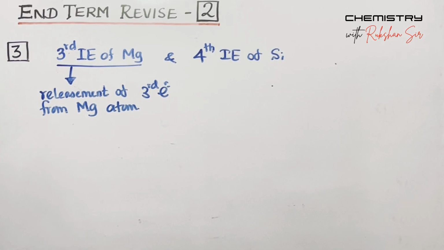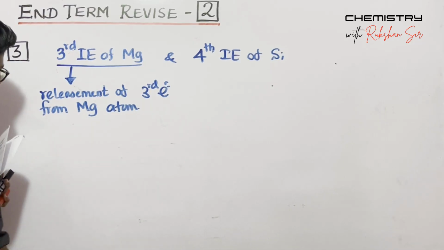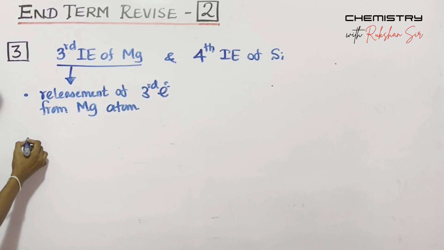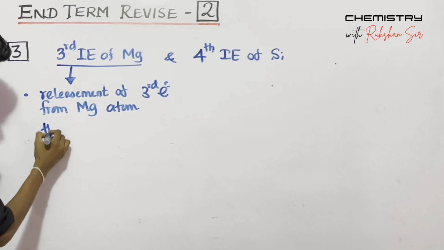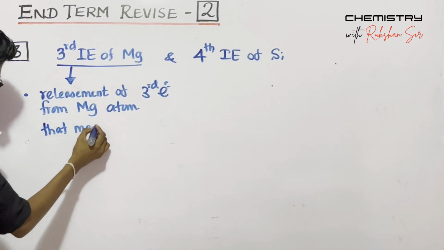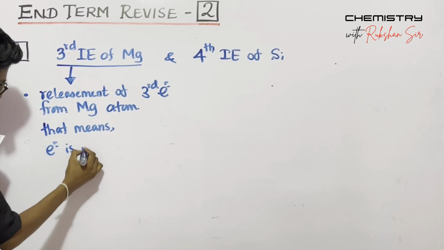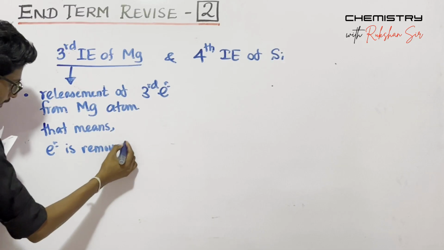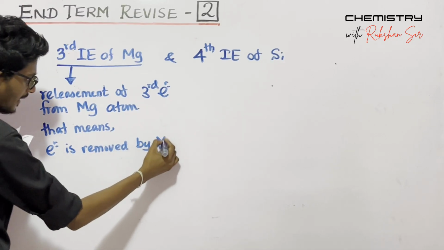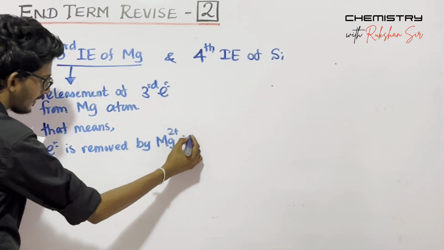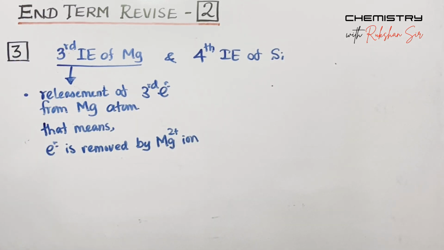One can say it is the releasement of an electron from the magnesium 2 plus ion. So that means the electron is removed from the magnesium 2 plus ion.